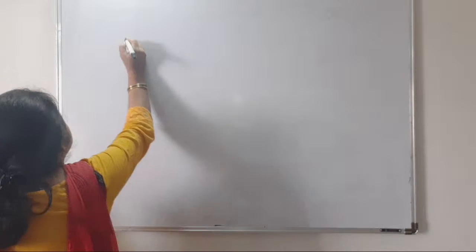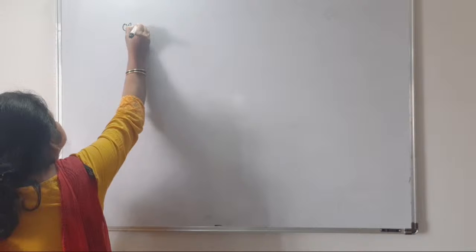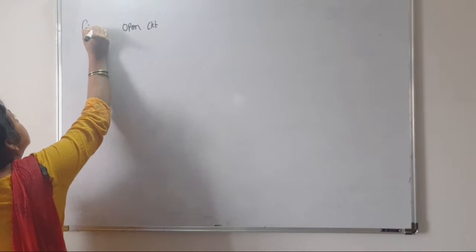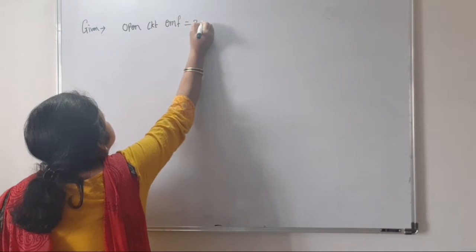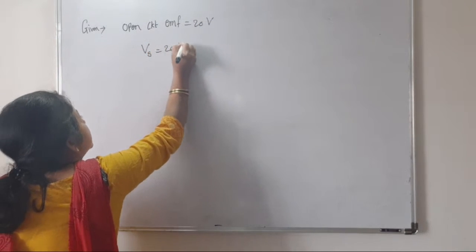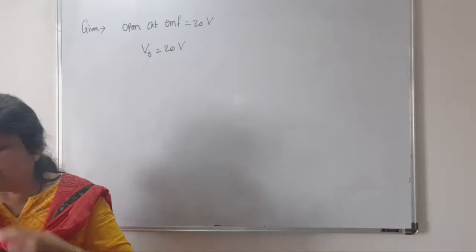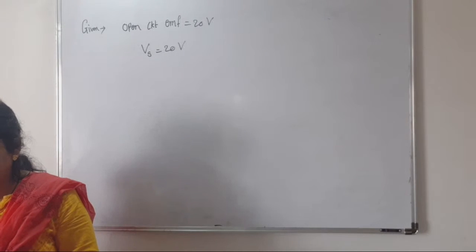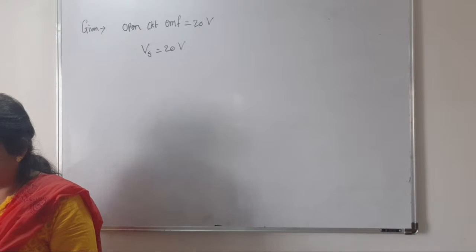Open circuit EMF is nothing but the source voltage. What they say: a generator has an open circuit EMF of 20 volt. Its terminal voltage drops to 16 volt with RL of 40 ohm.